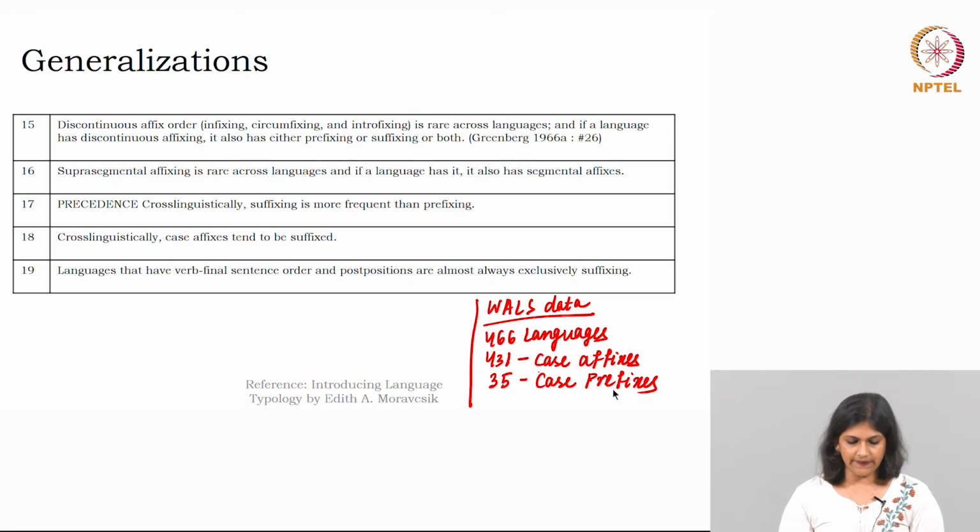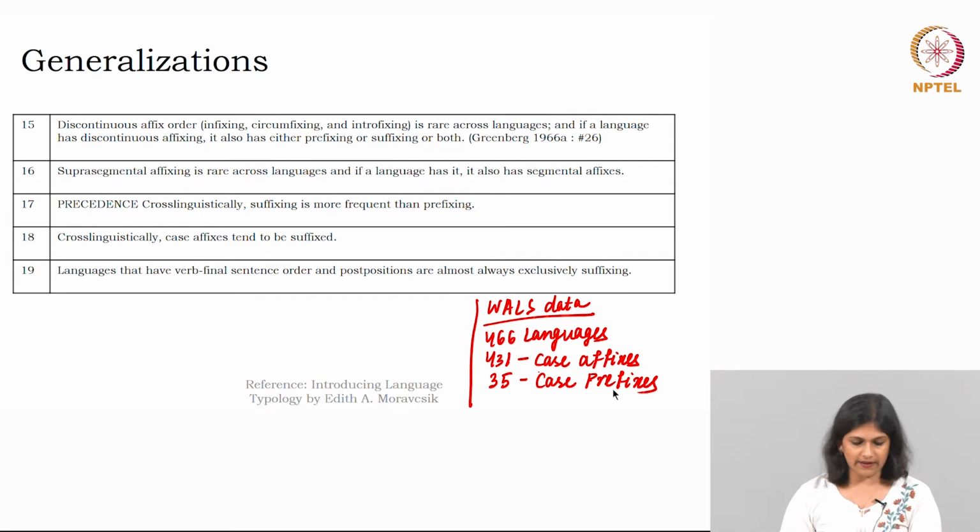So, what is it? If the language has a verb final order, something like Hindi, SOV, मैंने खाना खाया, I food ate, in this case the postpositions are almost always exclusively suffixing. When we do not have prepositions, as in most of the South Asian languages, they follow postpositions.